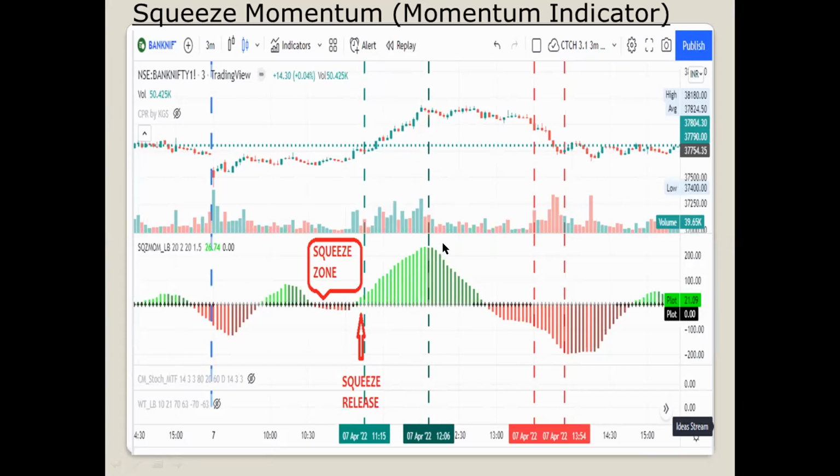After this point, we can see the color of the diagram has become darker. If you see on the top also, the momentum has decreased, and on the bottom side, the volume also has decreased. So this is our area of interest. This is not for taking any trades here. This is our focus at the moment.